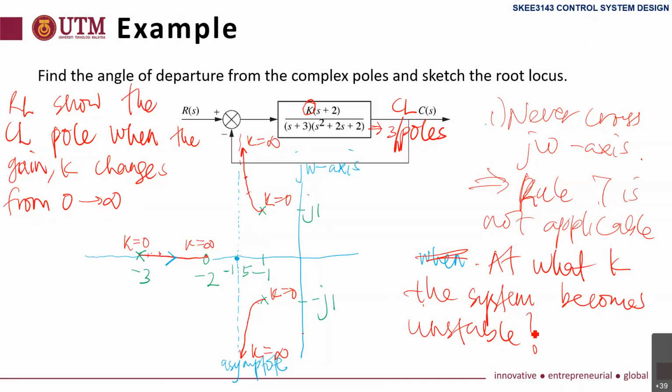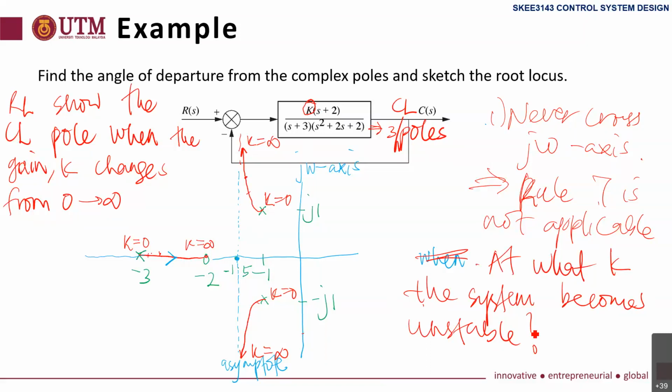How can we check system stability? We can apply the RH criterion to check whether the system is stable or not. That is one approach.